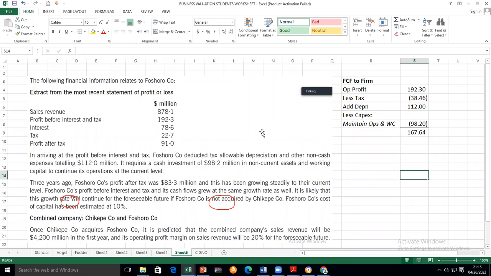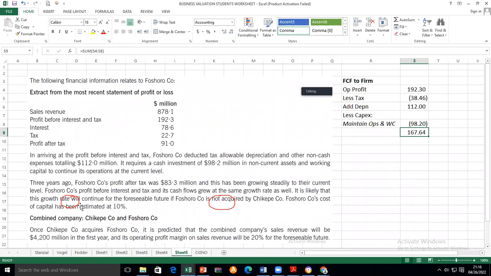Now, what's going to happen for the foreseeable future? What are we told? 3 years ago, F company's profit after tax was 83.3, and this has been growing steadily to the current level. F profit before interest and tax and its cash flow grew at the same growth rate as well.